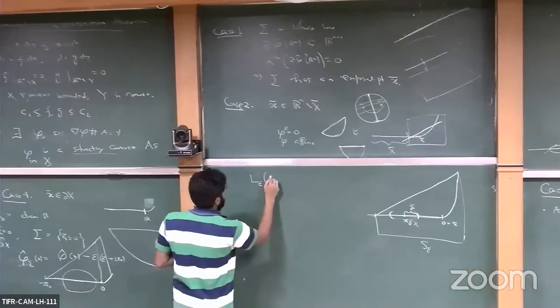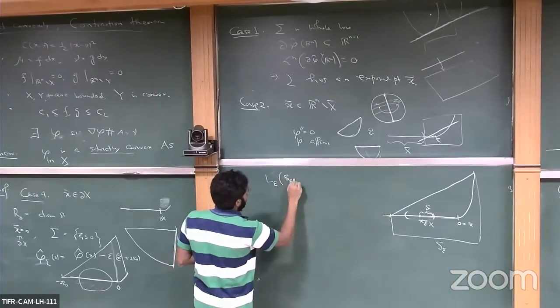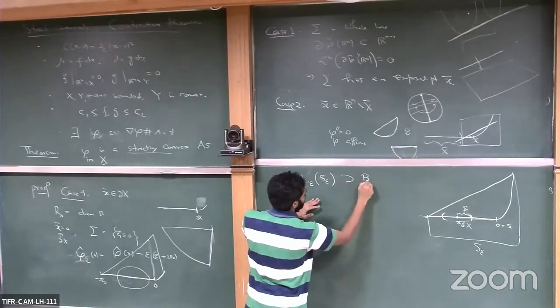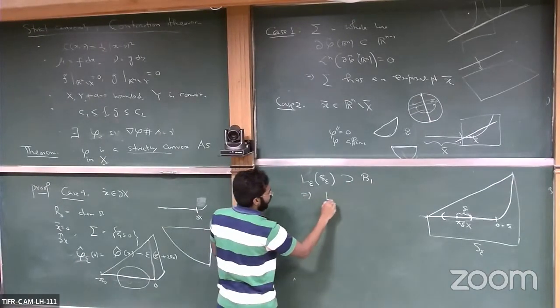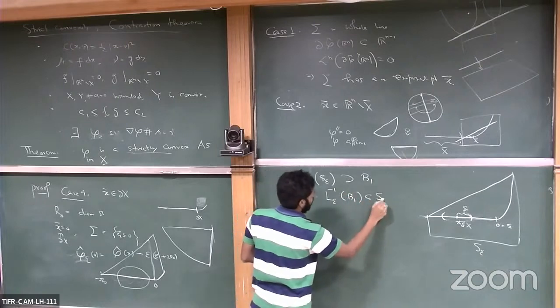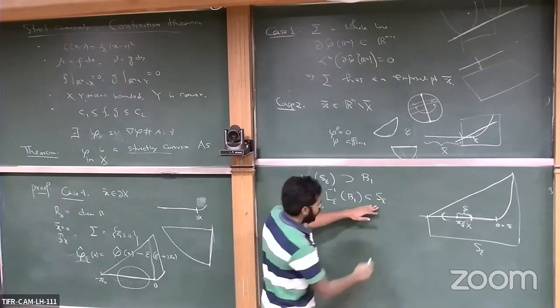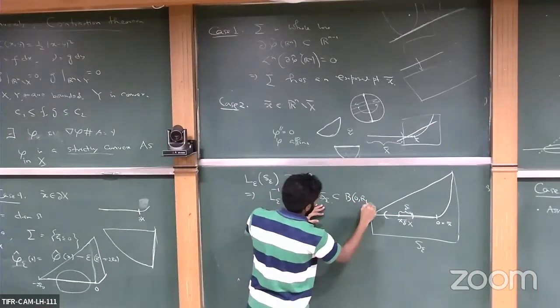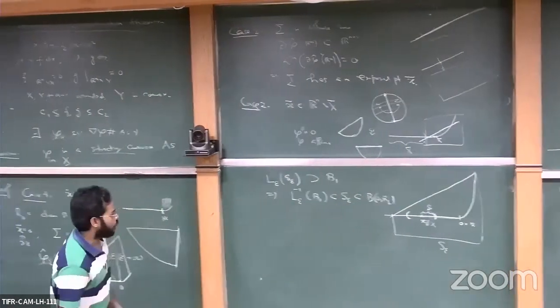Is epsilon of epsilon. So this will contain the ball V1, and therefore L epsilon inverse V1 is contained inside L epsilon, and this is again bounded by the diameter, say call it R1.